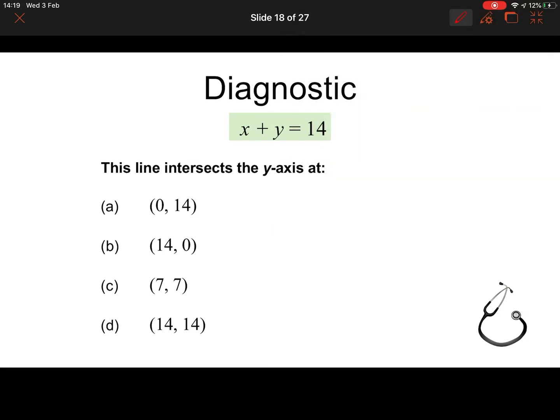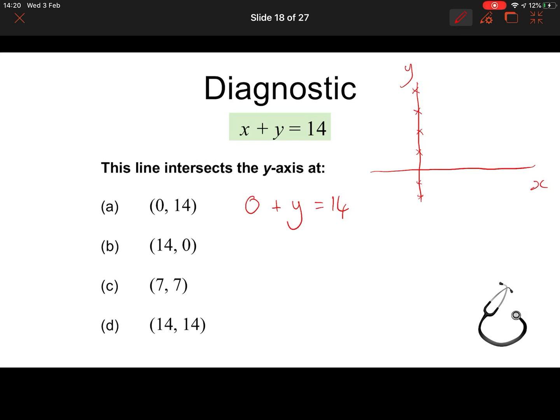Now, have a look at this. This line intersects the y-axis at which of these points? Now, I'm just going to do this one first. It intersects the y-axis. So let's just remember, this is y, this is x. Now, anywhere I pick along the y-axis has an x value of 0.